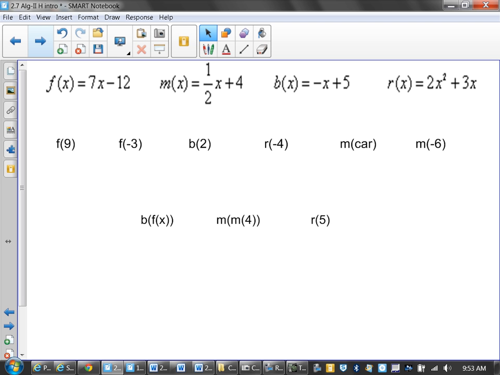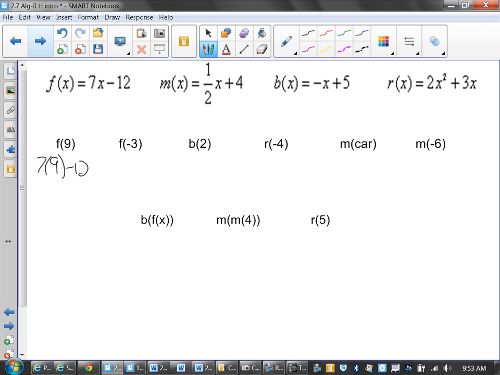What this is telling us to do is look at the equation that deals with F, and anywhere I see an x in that equation, what am I going to substitute? 9. What's 7 times 9? Minus 12. And so on. Try those. All this is direct substitution.